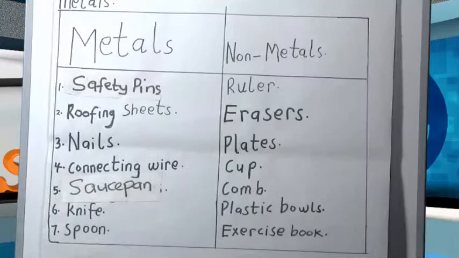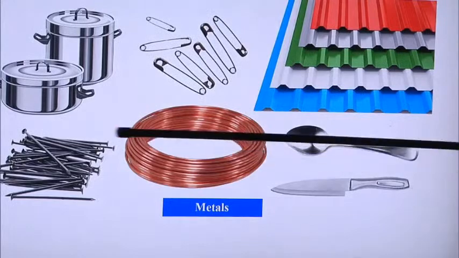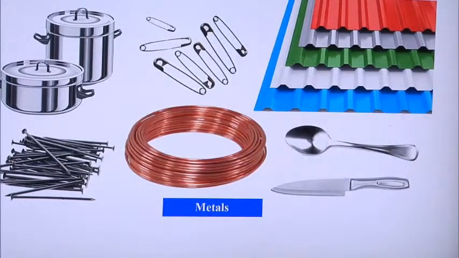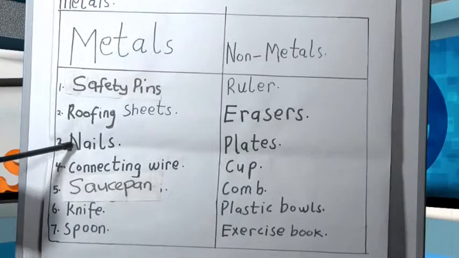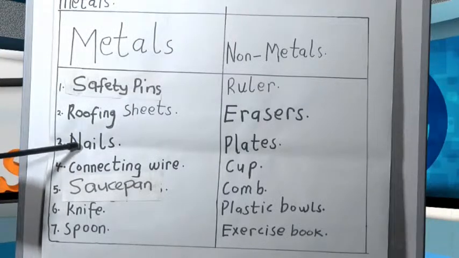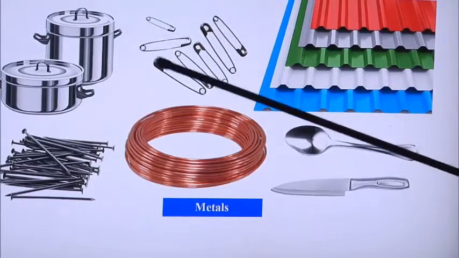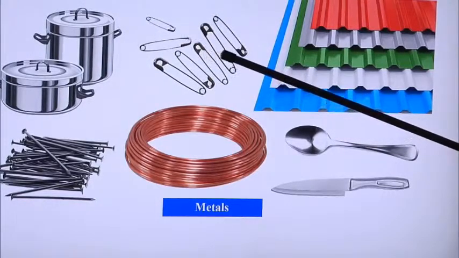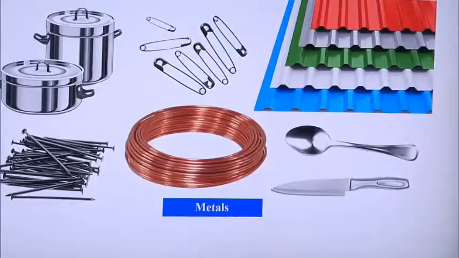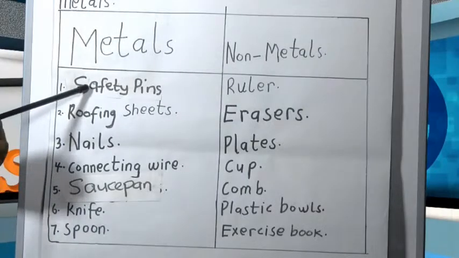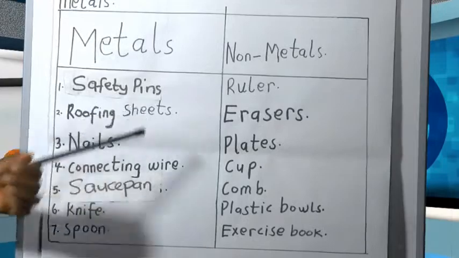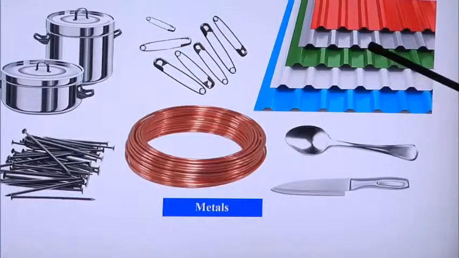We have saucepan here. Let's look at it. We have nails. On our board, we have nails, number 3. We have safety pins. They are all made from what? Metals. We have roofing sheets. On our screen, there's a roofing sheet here.